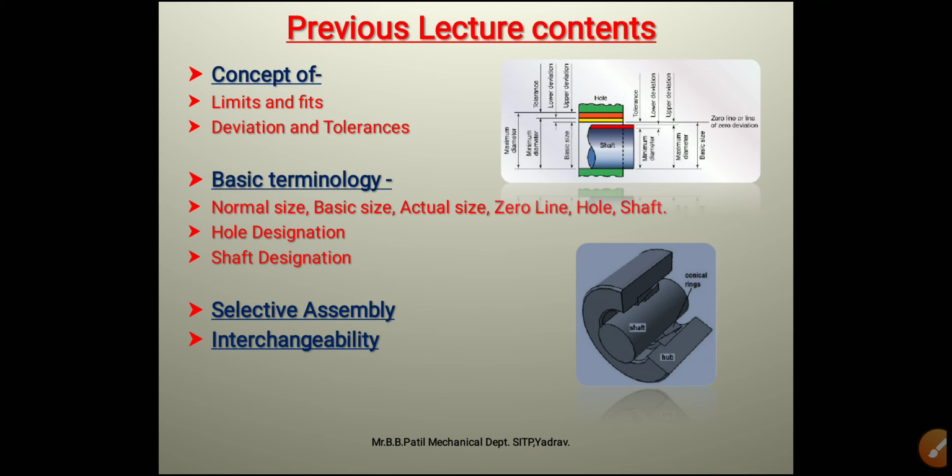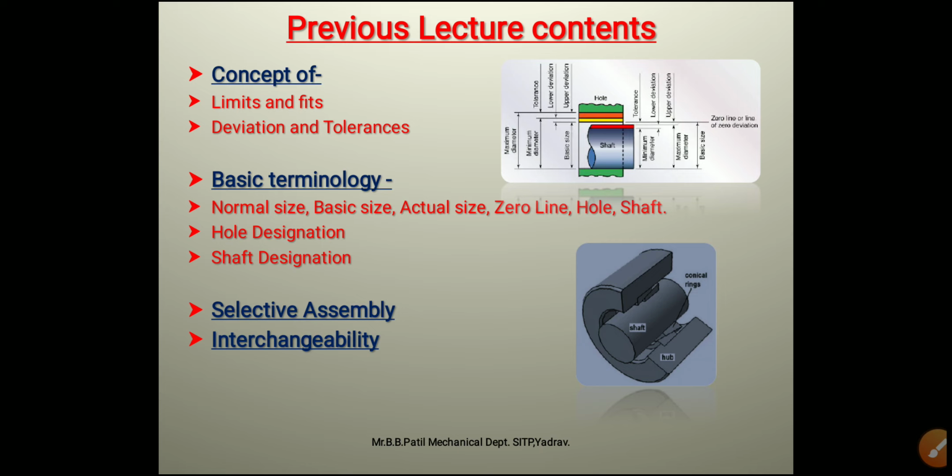Then we discussed the basic terminologies: normal size, basic size, actual size, zero line, hole, shaft. Then hole designation and shaft designation. After that we studied selective assembly and interchangeability.